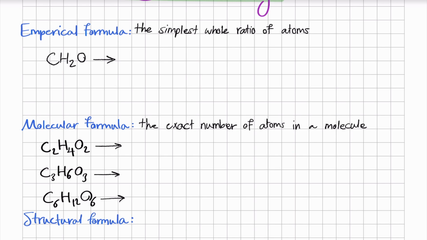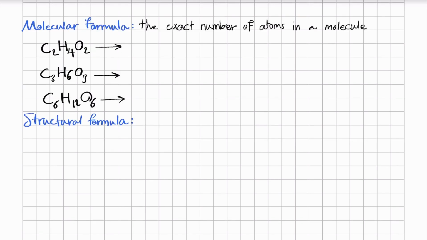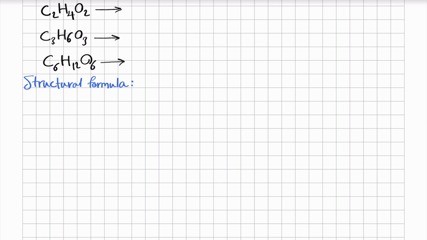Now let's get to the next one, which is structural formula. Okay, to understand this one easier, I'm going to go with an example again. Look at this formula. I say C2H6O. So when you look at this formula, what molecule comes to your mind?